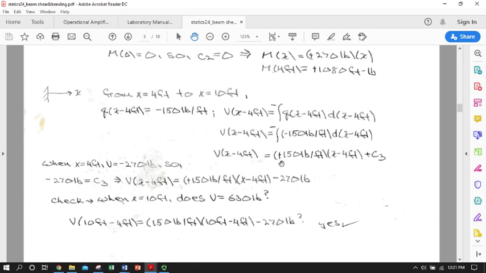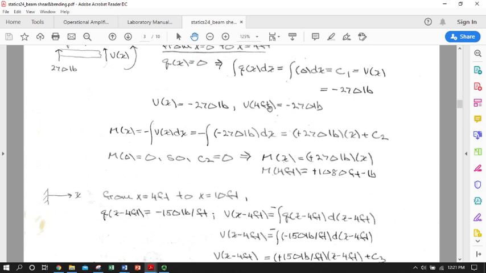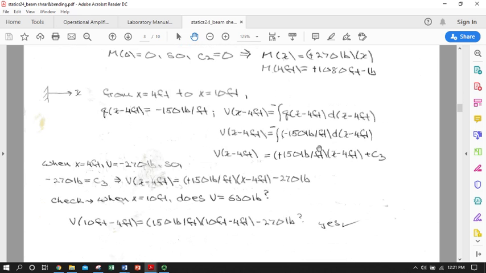So we basically crank through the integration and end up with 150 pounds, with signs canceling, times x minus 4 feet plus some constant of integration. So distribute the 150 pounds across x minus 4 feet, and 150 pounds per foot times C3 is just another constant. And so we use our limit from our previous section to evaluate C3.